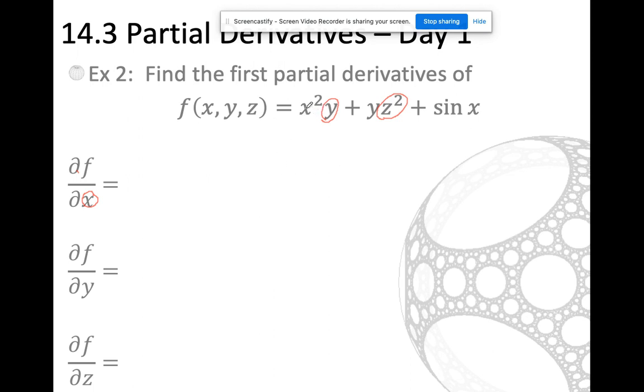So what's the derivative of x squared times a constant? 2x to the 1st times that constant. Hey, I forgot to circle the y. What's true about this whole term? If y and z squared are both constants, what's the derivative of a constant? Bye-bye. And what's the derivative of sine x?